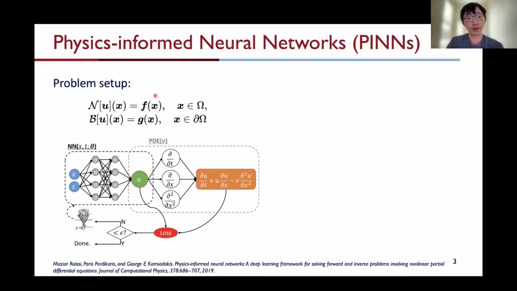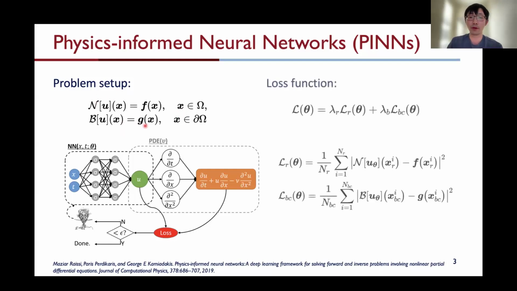But if we go back to our goal, we want to solve this PDE. Based on this system, we can formulate physical constraints. For this PDE, we can formulate two terms. The first one is called the PDE residual loss, denoted by L_R of theta. This loss aims to enforce the network to satisfy the PDE within the domain, and we call x_R^i those points collocation points. These points can be randomly sampled in the computational domain, or can be directly a fixed mesh or grid.